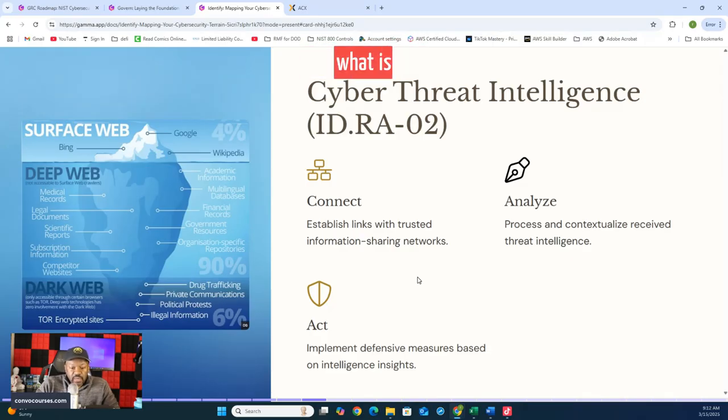So what is it? At the last job I was in, we had a really good cyber threat intelligence process. And we used a tool that would go out and scour the net for any instances of our client's name. So Walmart, for example, if you saw Walmart's brand or any of the brands that they have out there on the dark web, you would go ahead and look at that.